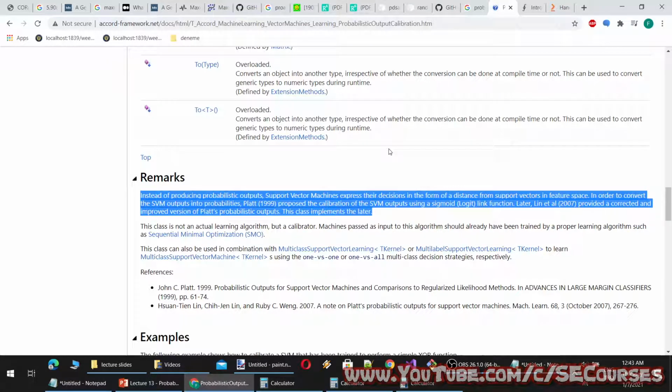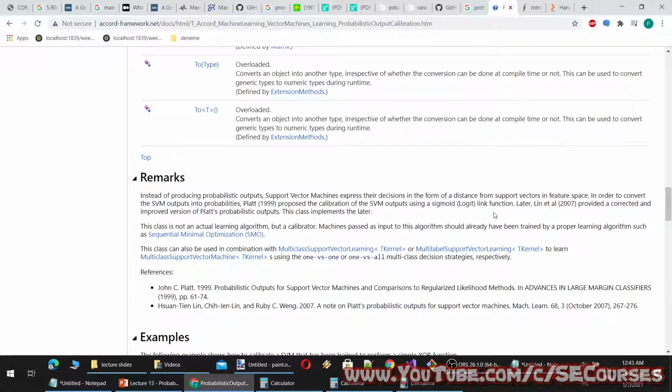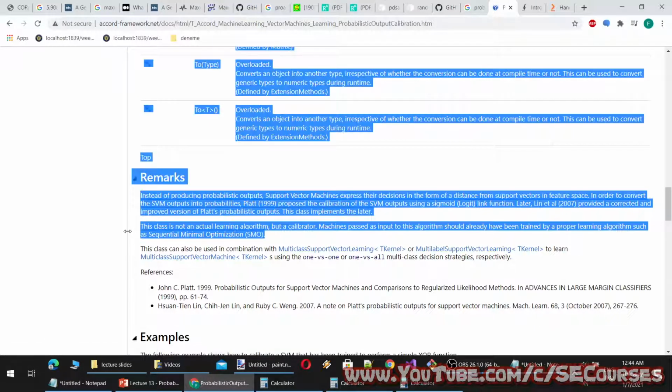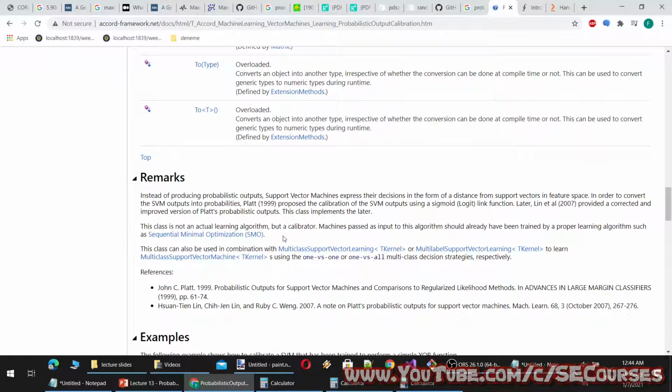Instead of producing probabilistic outputs, support vector machines express their decisions in the form of a distance from support vectors in feature space. In order to convert the SVM outputs into probabilities, Platt 1999 proposed the calibration of the SVM outputs using a sigmoid logit link function. Later, Lin et al. 2007 provided a corrected and improved version of Platt's probabilistic outputs. This class implements the latter.